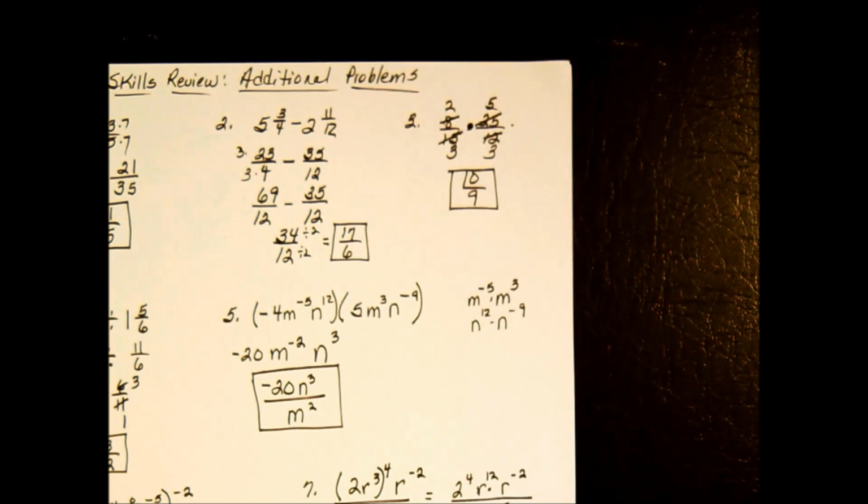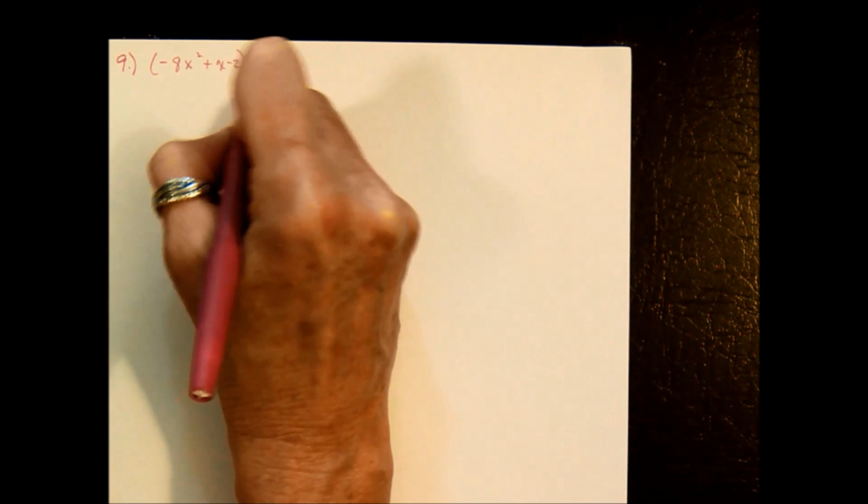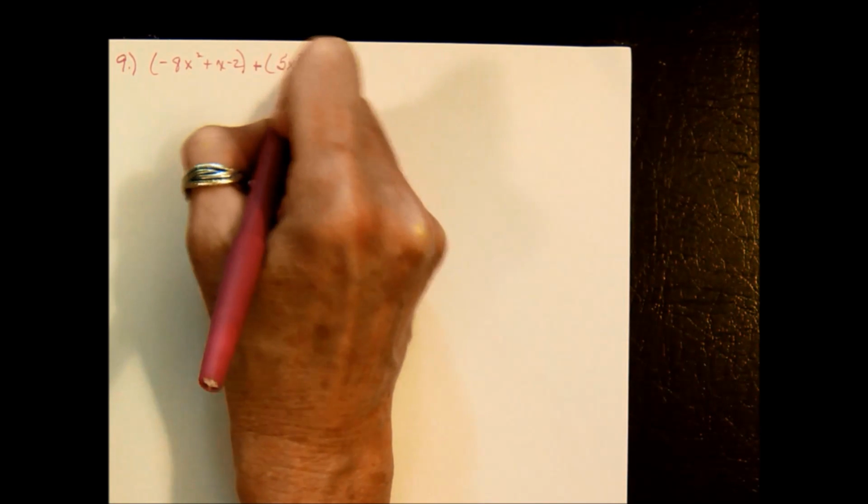All right, let's go to the next set of problems in this section, and those are problems on polynomials. We will start with number 9, and we have -8x squared plus x minus 2 added to 5x cubed plus 3x squared plus 4. This is just straight addition of polynomials, which is nothing but combining like terms.